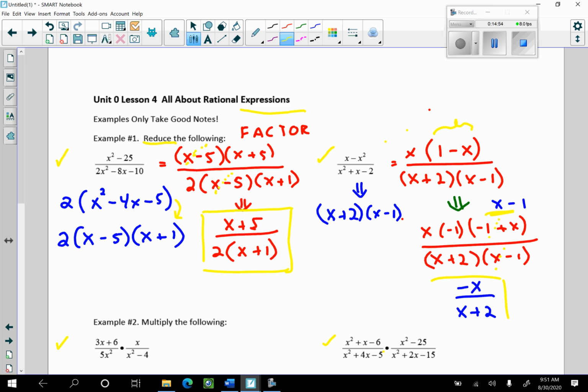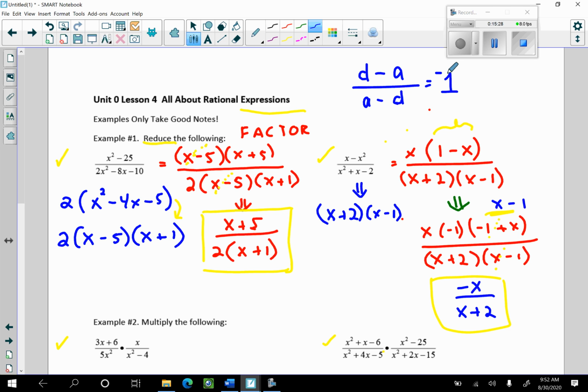That is a dandy. And this might be a good thing to know. If I have this right here, d minus a over a minus d, that's kind of what I have here. d minus a over a minus d is equal to negative 1.